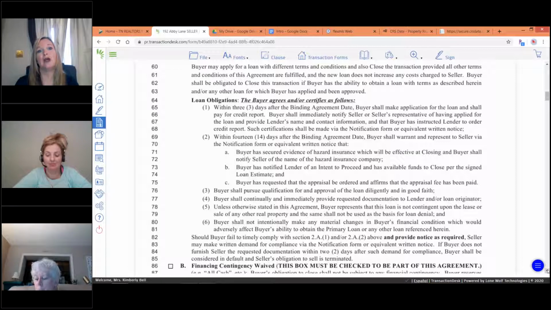And if you feel like that lender is going to compromise that buyer's information at all, maybe there's a gift involved. Maybe the parent is giving a gift of money and you don't want the seller to know that because it's been kind of a sticky situation. You need to make sure that lender is keeping that confidential.